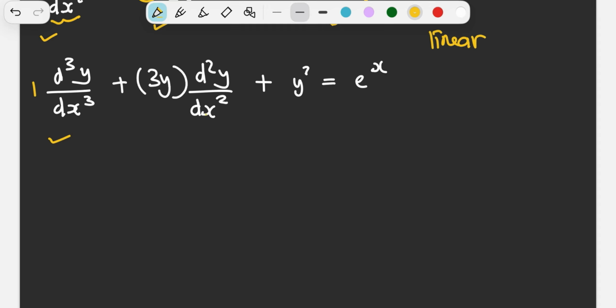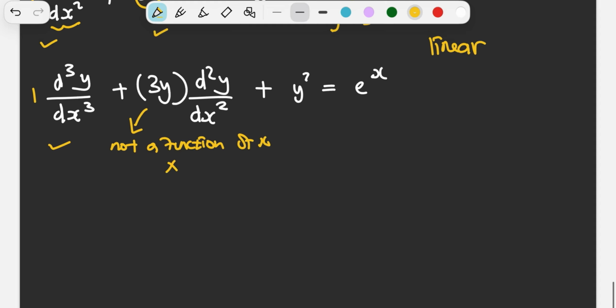We come here, we look behind d²y/dx², or its coefficient. We realize that, oh, it's actually 3y. 3y is not a function of x. So this is basically non-linear. If you look at y squared, oh, this is actually y times y. So behind y, there's another y. So this is non-linear as well.